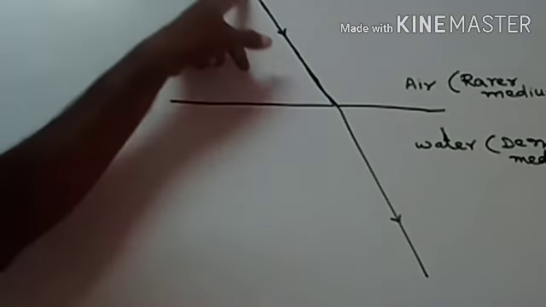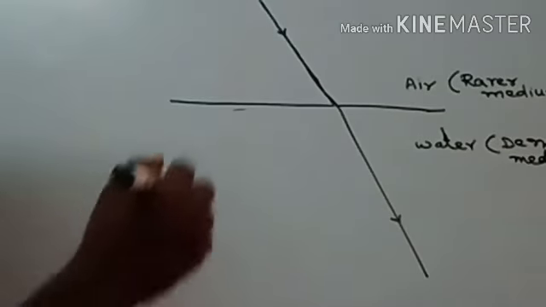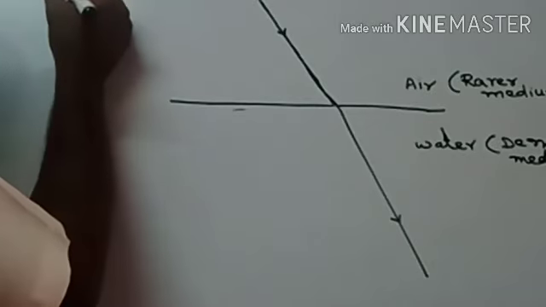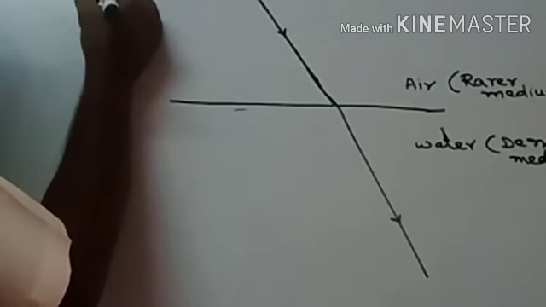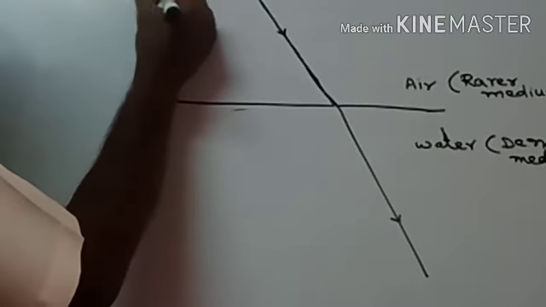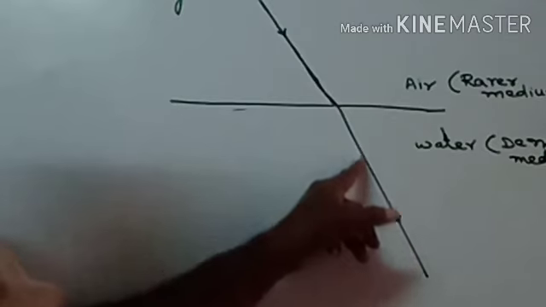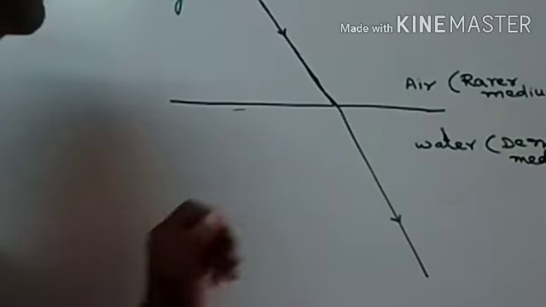Now this ray, which is passing through the air, is said to be the incident ray. Then this ray, which is passing through the water, the under medium, by refraction, is said to be the refracted ray.